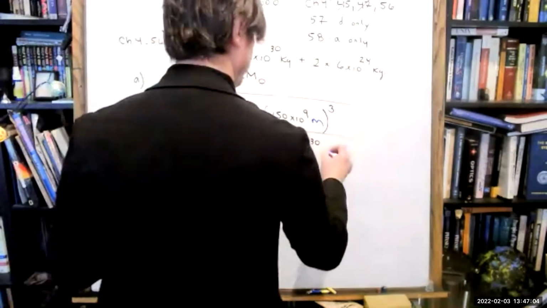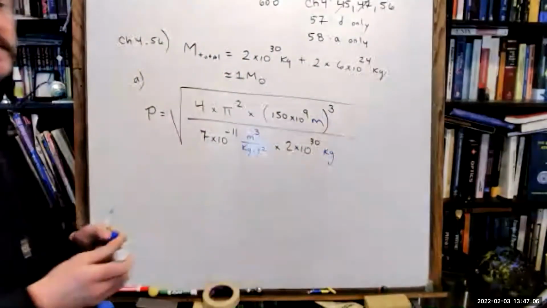Times the mass of the sun, 2 times 10 to the 30 kilograms.